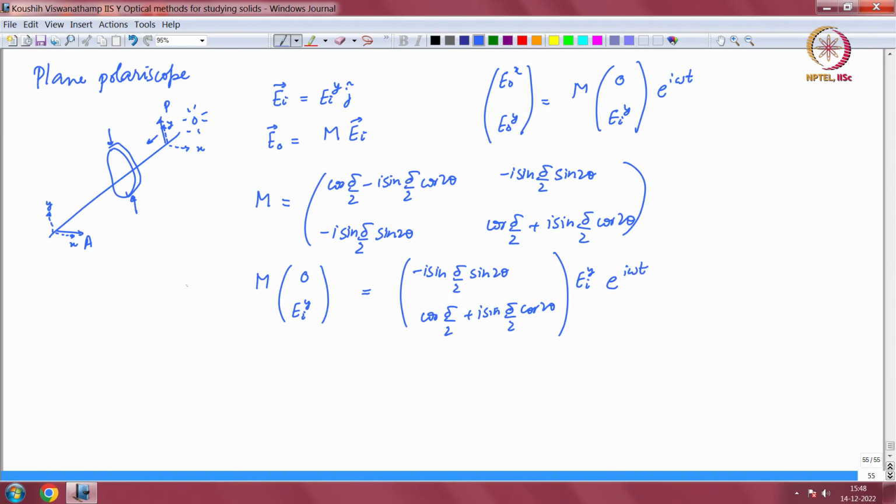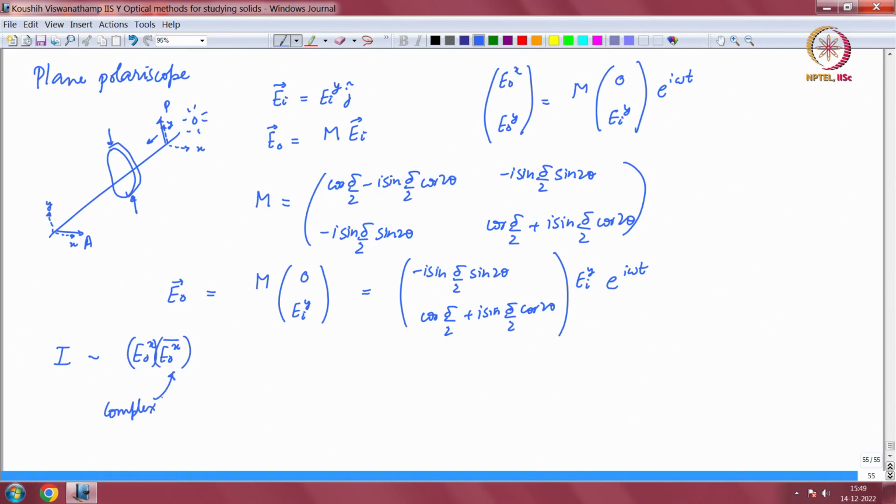So, this is your out vector, and if your analyzer is set such that you are looking at a dark field image, then you are basically going to measure an intensity that is proportional to E0 x times E0 x bar. This is the complex conjugate.